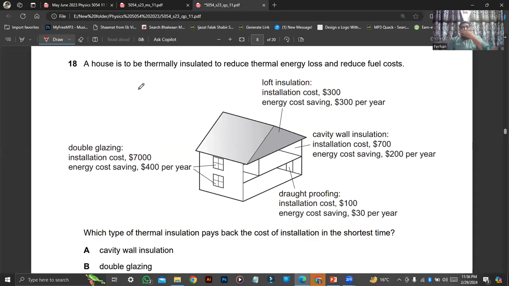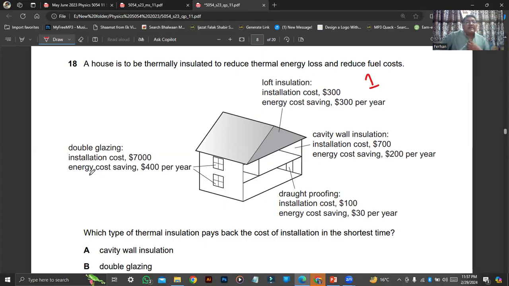So loft insulation installation costs $300 and energy cost saving is $300 per year. So here the saving will be equal to the installation cost in just 1 year. This will happen in 1 year.